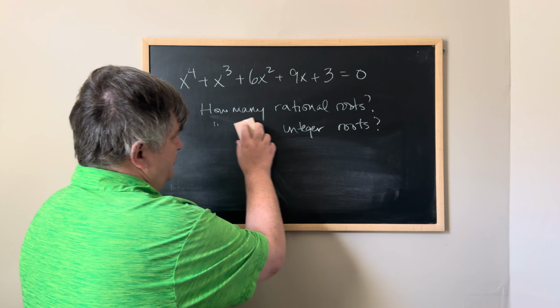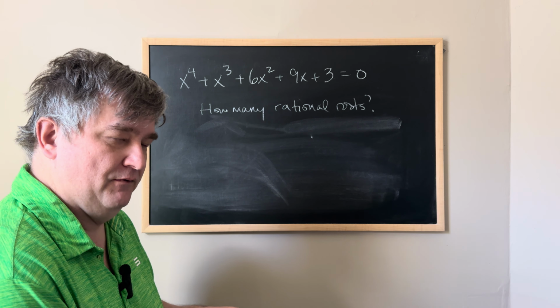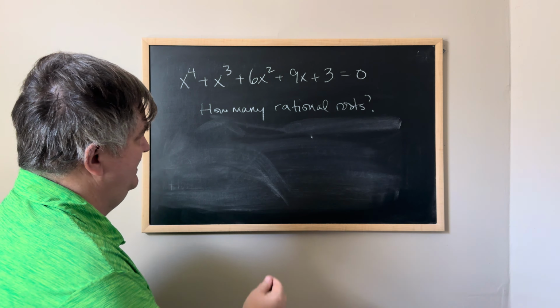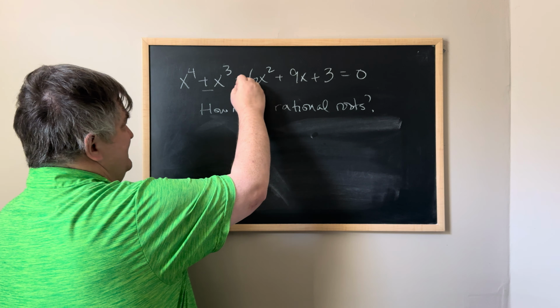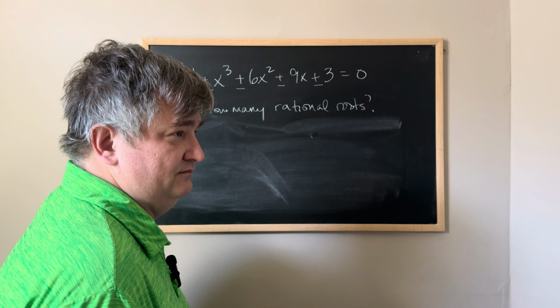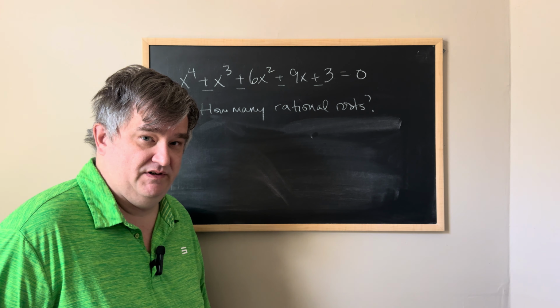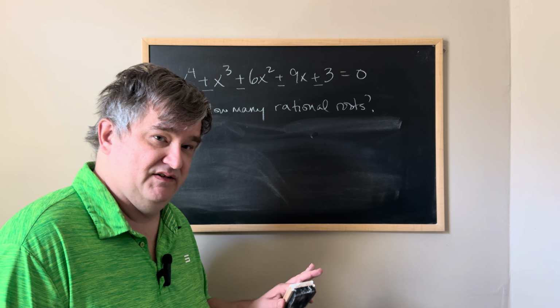So, for rational roots, there's something called the rational root theorem. And what that theorem says is that for every sign change, there's a rational root. The issue is all these are positives.